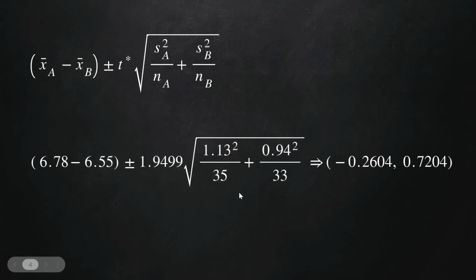This is a lot of work, and I wouldn't necessarily expect you to use the formula to find this. So let's jump over to Desmos and see how we can do it there.